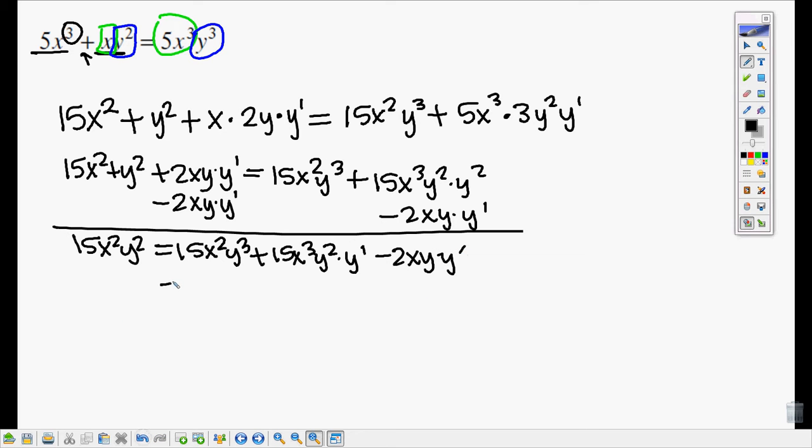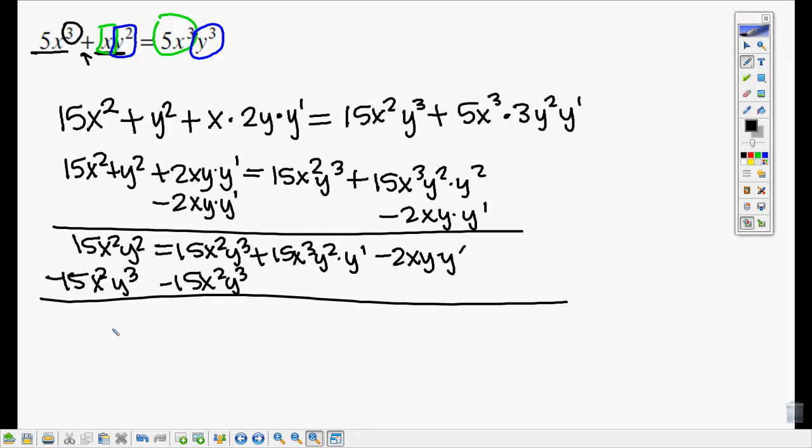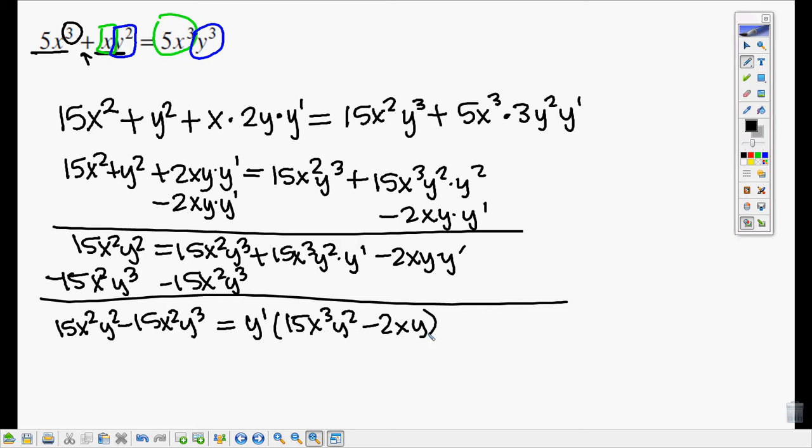Okay, then I'm going to move my 15x squared y cubed, and they're so similar, don't get tripped up and combine wrong things. So 15x squared y squared minus 15x squared y cubed, and I'm going to go ahead and factor out my GCF of y prime. So I have 15x cubed y squared minus 2xy, and I'm going to divide that on both sides.